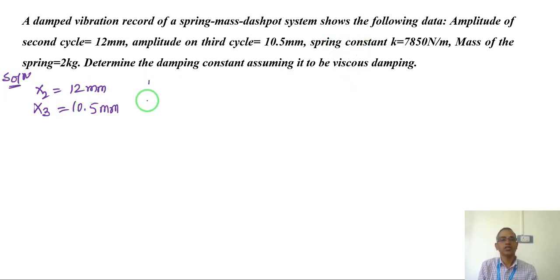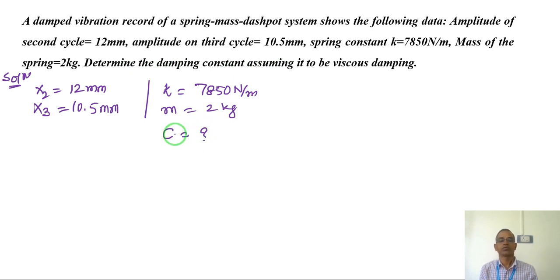Spring constant K is 7850 Newton per meter. Mass M is given as 2 kg. Determine the damping constant, which is C. C is to be found out.